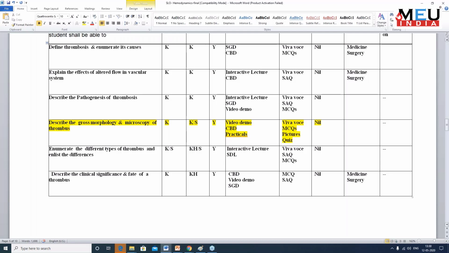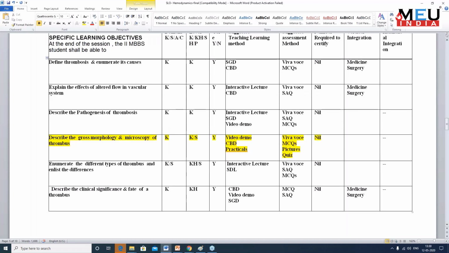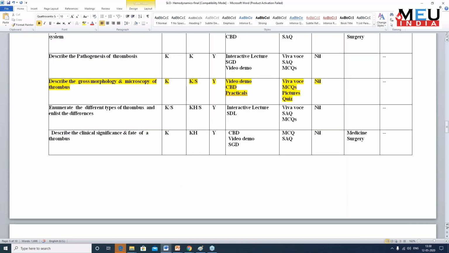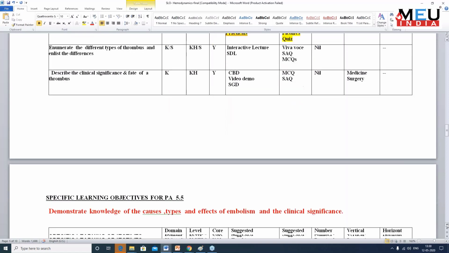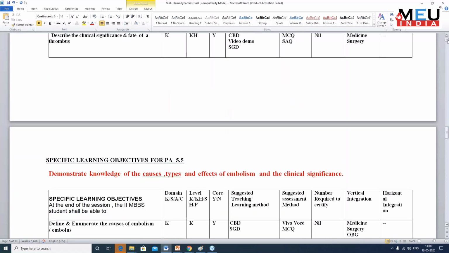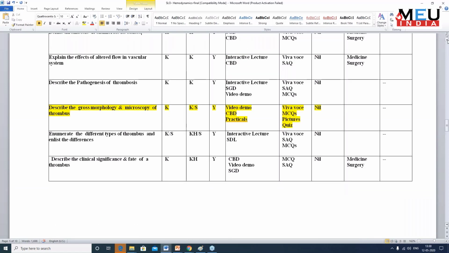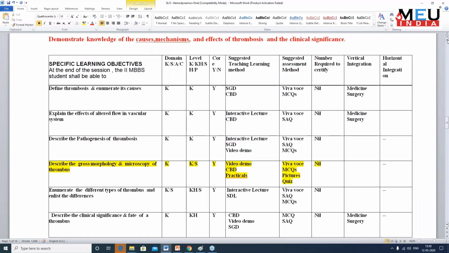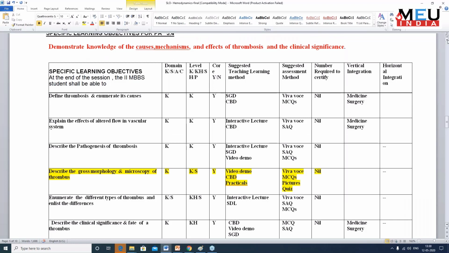So coming to the next SLO, that is 5.4, demonstrate knowledge of the causes, mechanisms, and effects of thrombosis and the clinical significance. Here the student should be able to define thrombosis and enumerate all its causes.